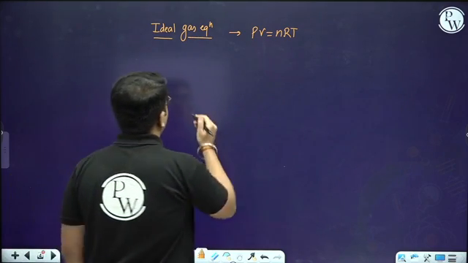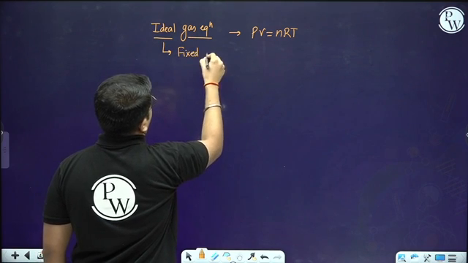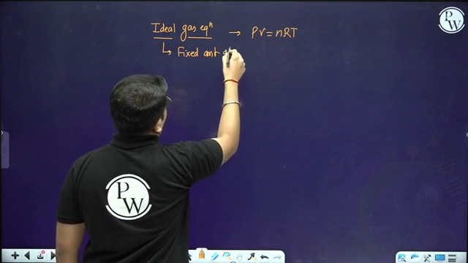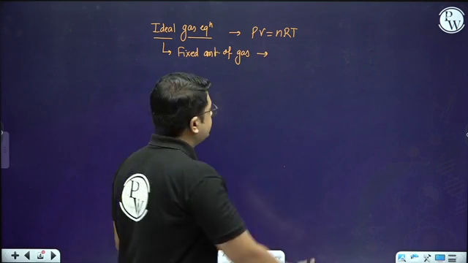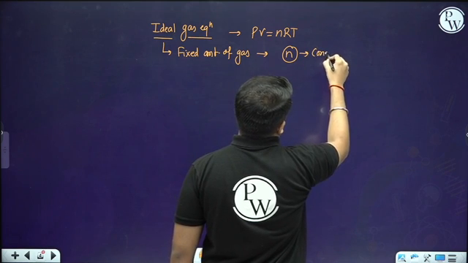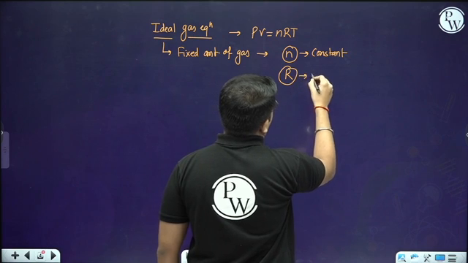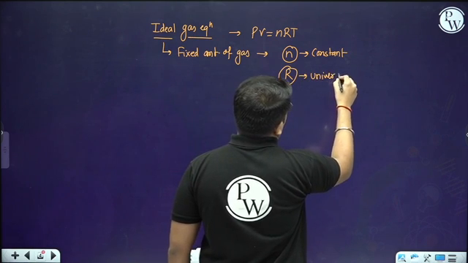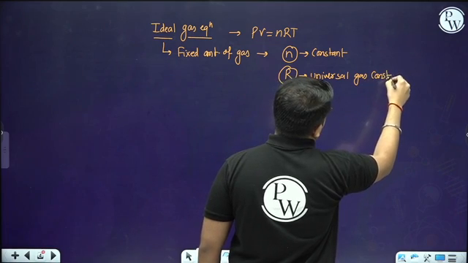Now how do we proceed for these kinds of questions? It's already given that we are talking about a fixed amount of gas. If this is given, I can simply say that n is constant. R we already know is the universal gas constant.